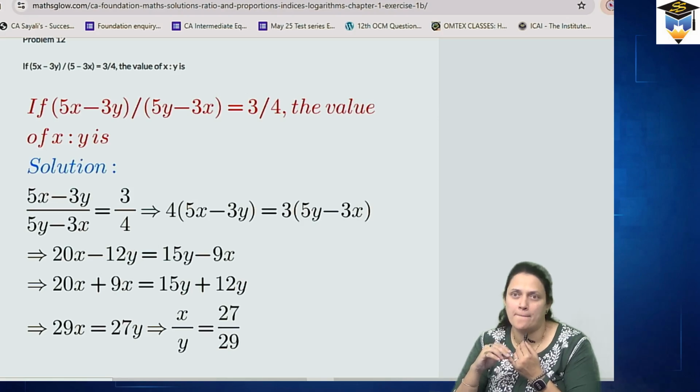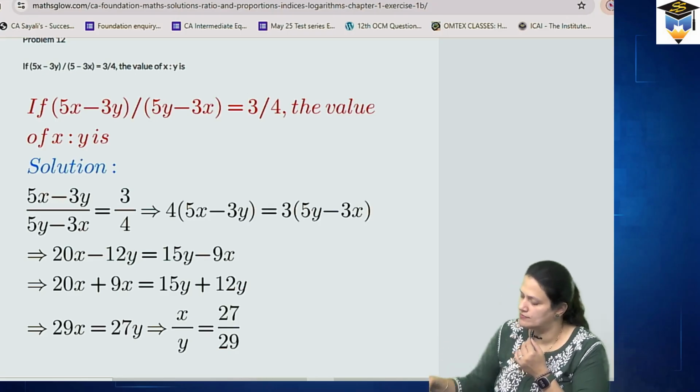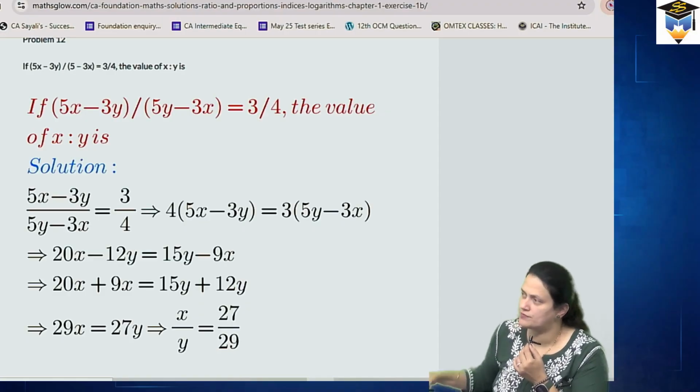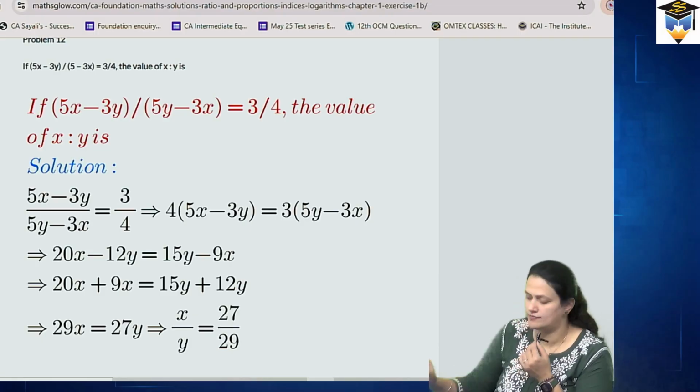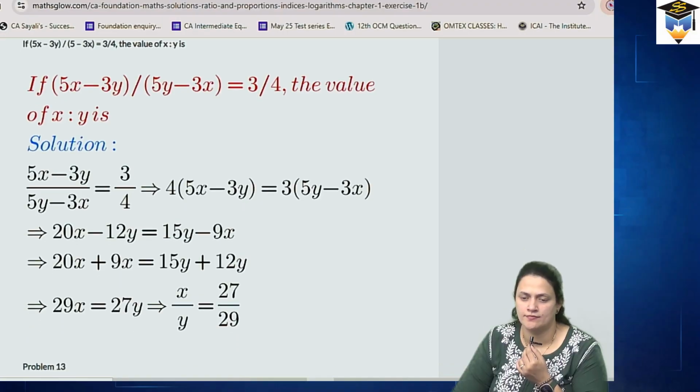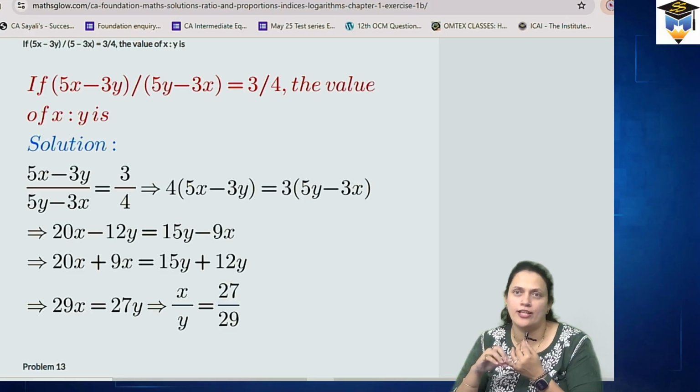Option D. So let us now move to the next one after you finish writing this.